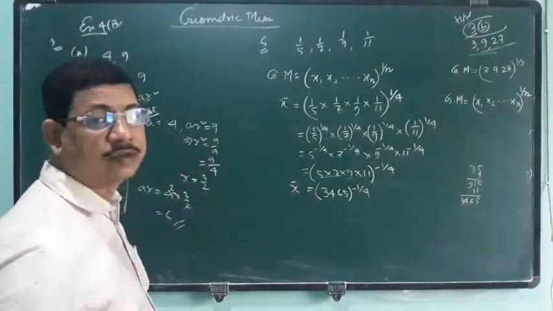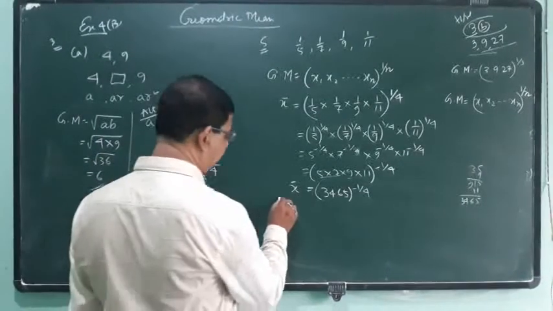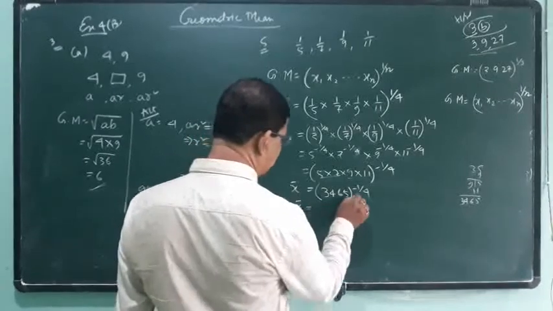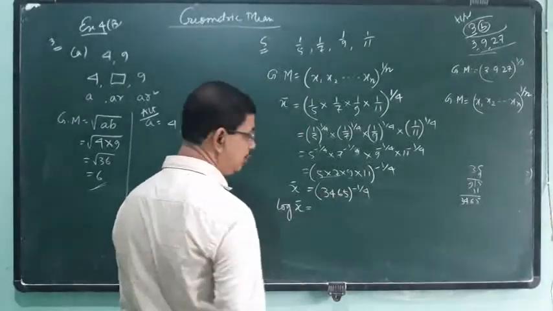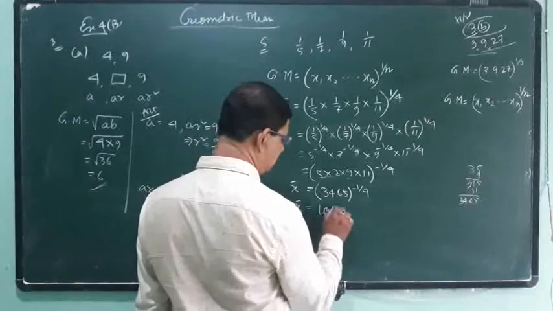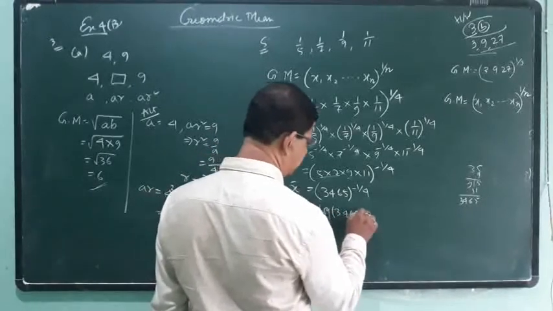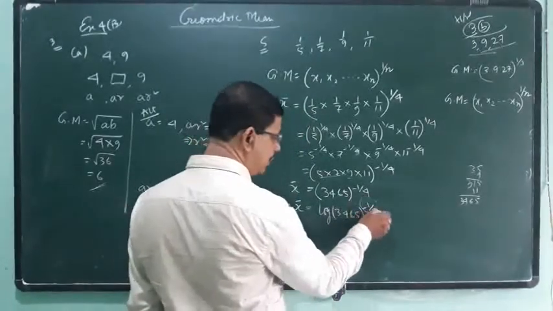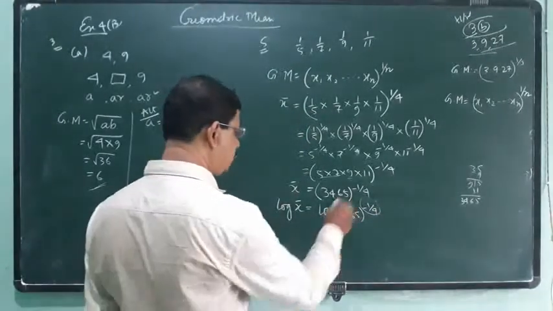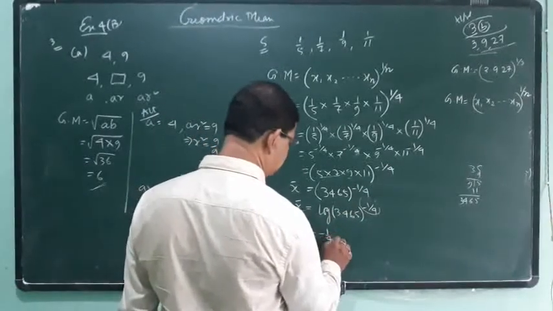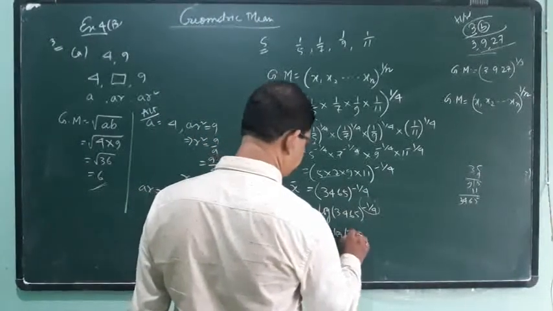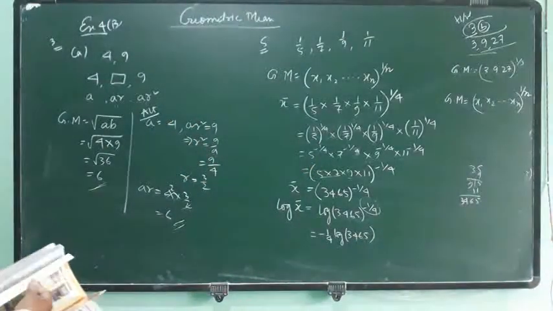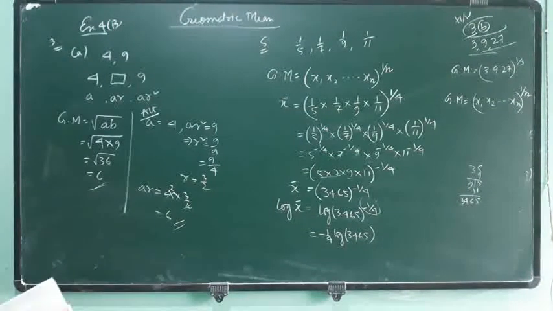Then for this calculation, you have to use logarithm. So take log on this. Logarithm of this total thing, log of 3465 to the power minus 1 by 4. Logarithm has the property that whatever the power is, it comes in front. Then from the log table, you have to put the values.